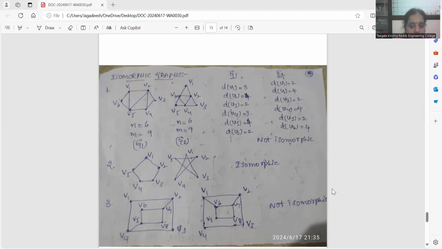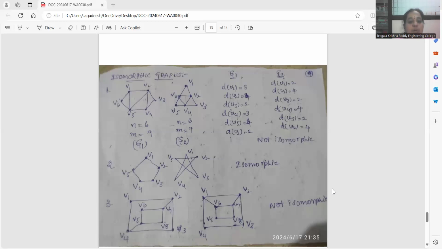Coming to the first graph, here there exists a graph with 6 vertices and 9 edges. I am representing another graph G2 with the same number of vertices and the same number of edges.